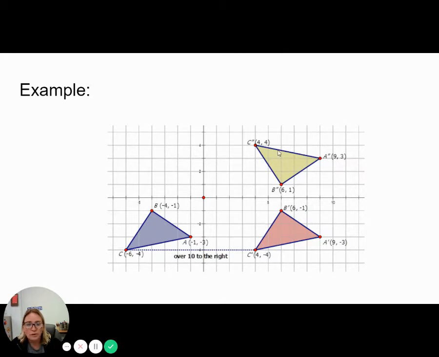And then it was reflected over the x-axis to get to A''B''C''. Okay, so being able to recognize that this slid over and then reflected is important for you to be able to recognize the sequence of events that are making this original pre-image become this double prime image here.